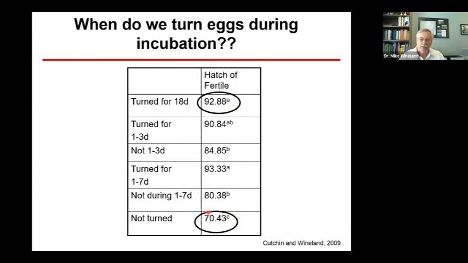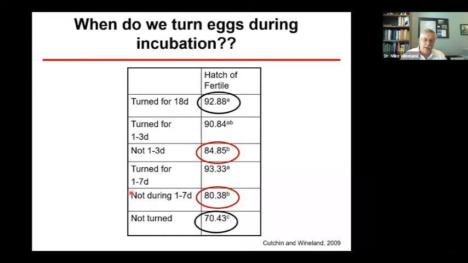She had a second group that weren't turned at all during the 18 days of incubation, and the depression in hatch was down to around 70%. Then she had 2 other groups. One wasn't turned from day 1 to day 3, but from day 4 to day 18 was turned. And you can see that there was a reduction in hatch down to about 85%.